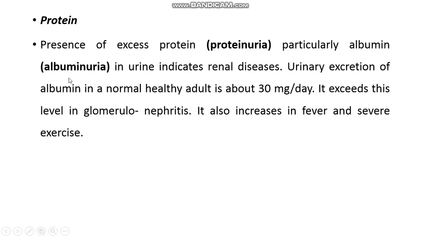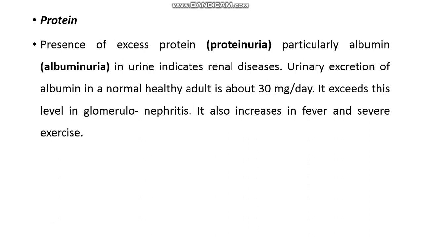The next is protein. Presence of excess protein is called proteinuria. That means presence of excess protein in the urine, particularly albumin. Presence of albumin in the urine is known as albuminuria, and that will indicate renal disease.